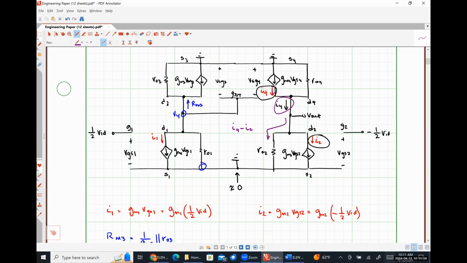Do you concur with that? Now, I would argue that this resistance R04 appears as if it is in parallel with the resistance R02 because it is between this node and ground, and R02 is between that same node and ground. So applying Kirchhoff's current law and then using Ohm's law, we get an output voltage, which is just the voltage drop across resistor R02 in parallel with R04 of I4 minus I2 times R02 in parallel with R04.